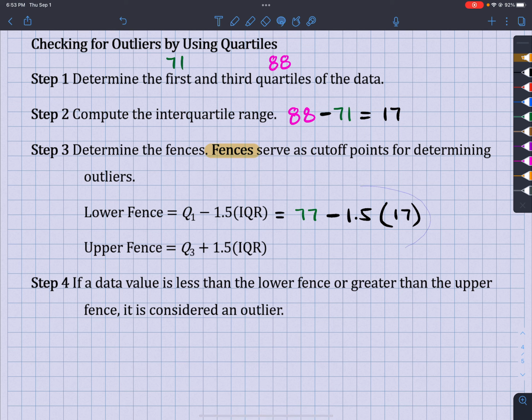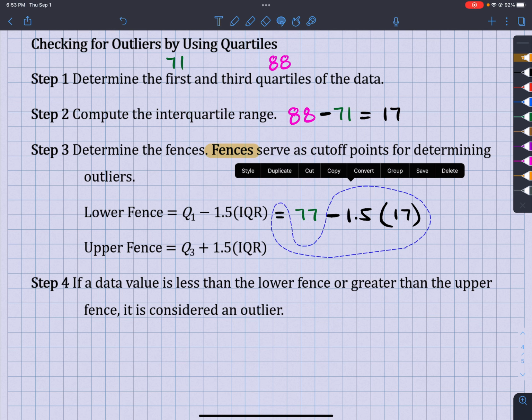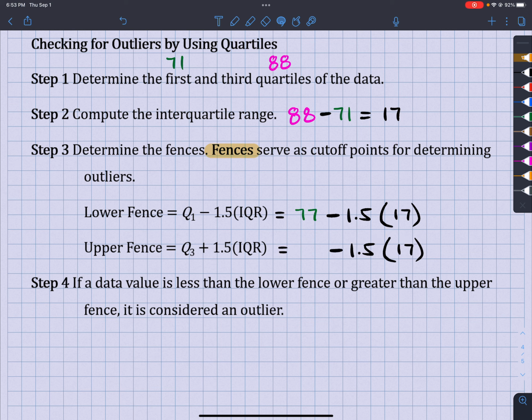And then we have the 88. Oh, shoot. I keep on writing 77, saying 71. It's really 71. I'm sorry. And then the upper fence will be the 88, which is Q3, plus 1.5 times the IQR.